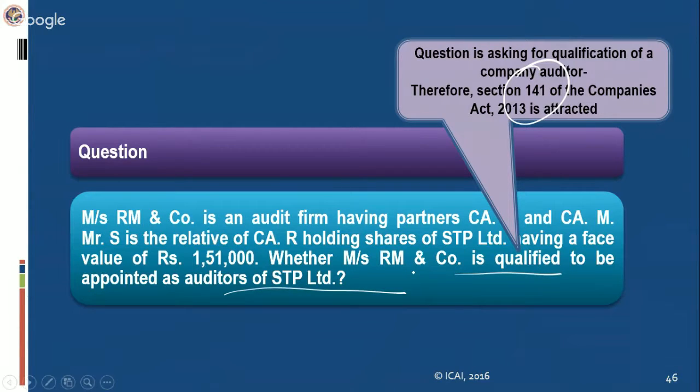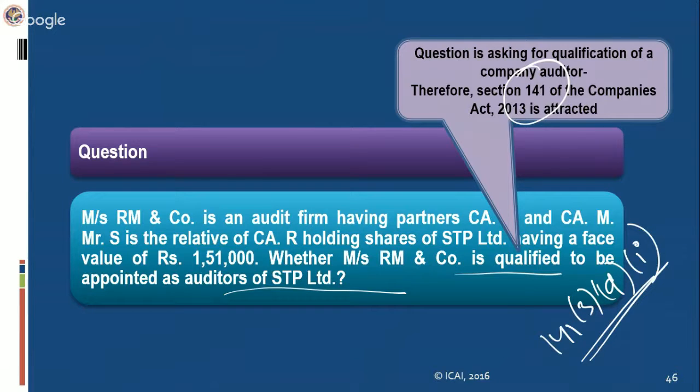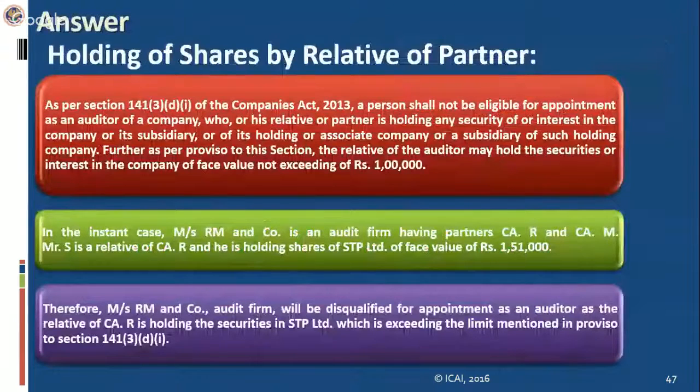The exact provision is section 141(3)(b)(1). In this section, the Companies Act is explaining or providing disqualification of a company auditor. This is how you can relate your question and then provide your answer like this.